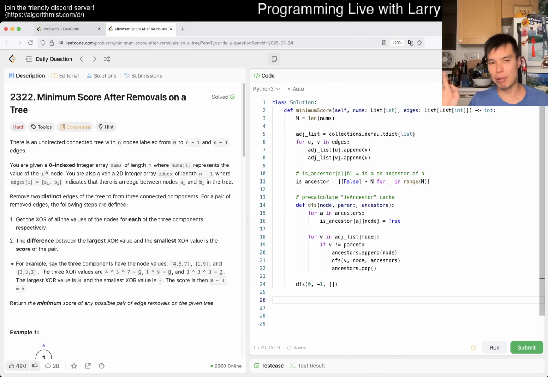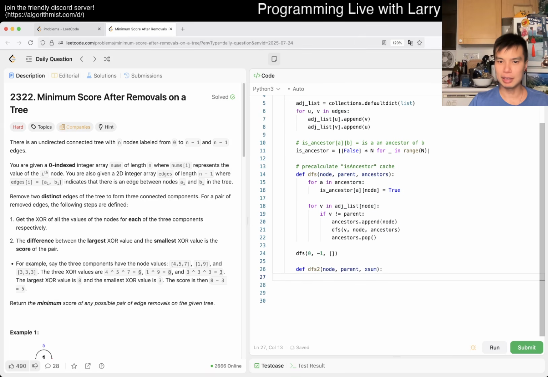But I wouldn't be surprised if you can just do it as part of this. So maybe we'll use a terribly named DFS2. You have node, parent, and then maybe the current xSum, the XOR sum. And this is structurally very similar, well, it is just another depth first search.